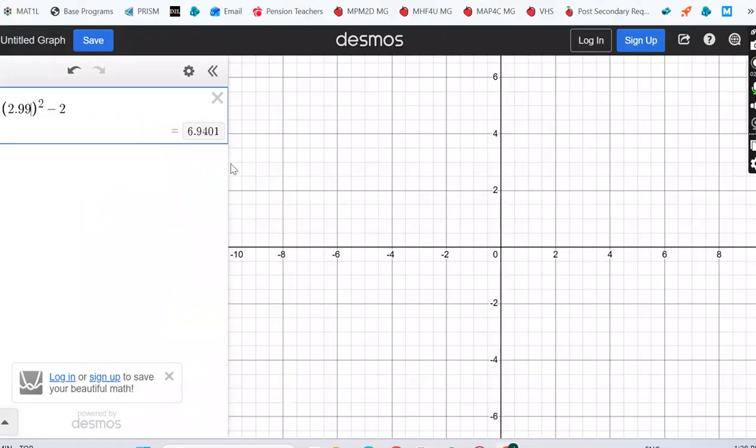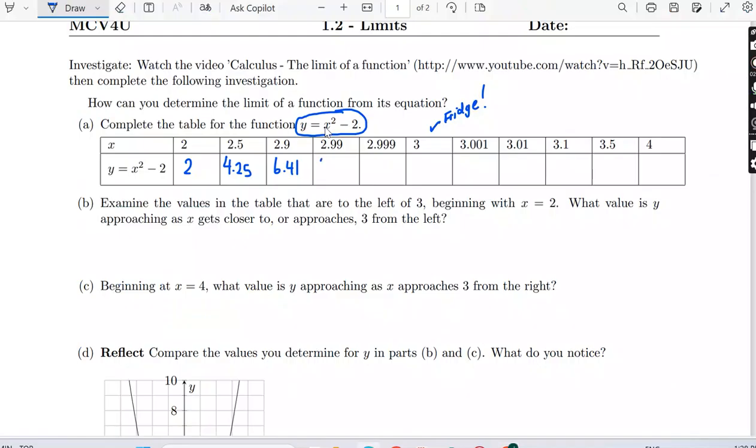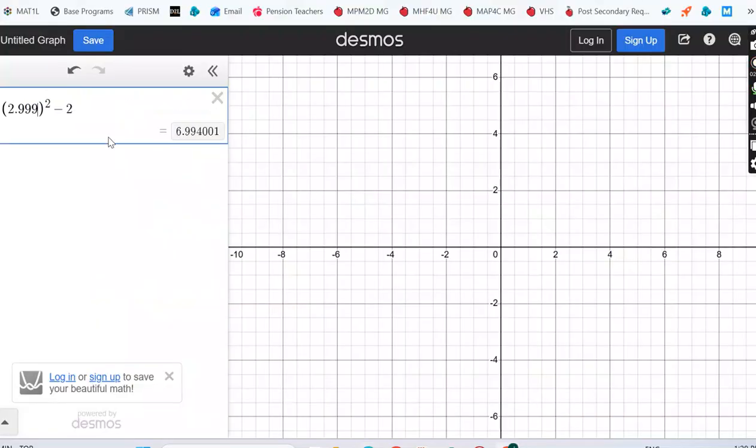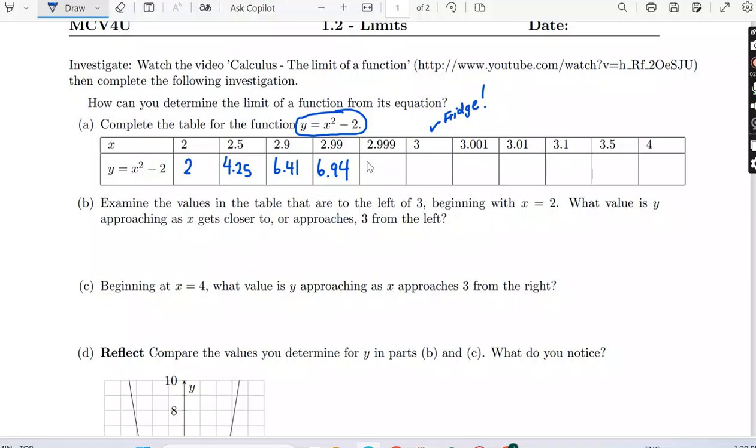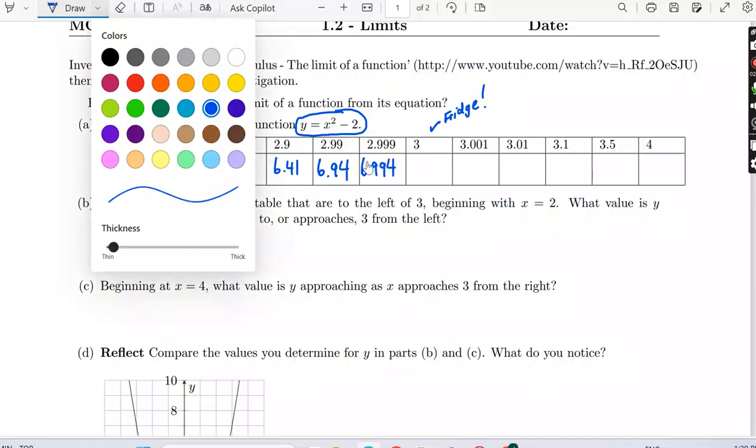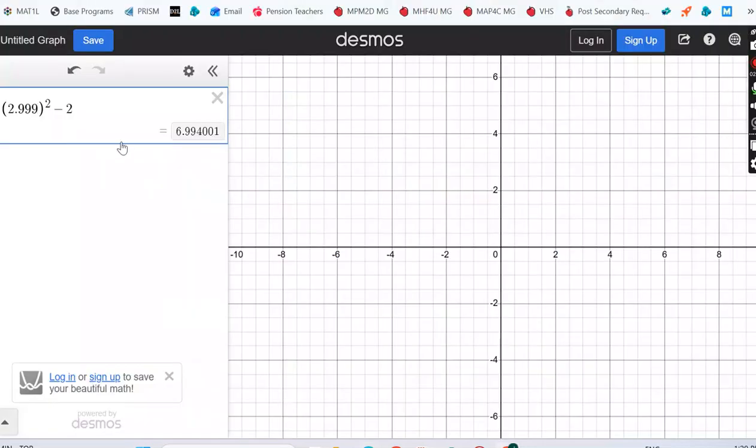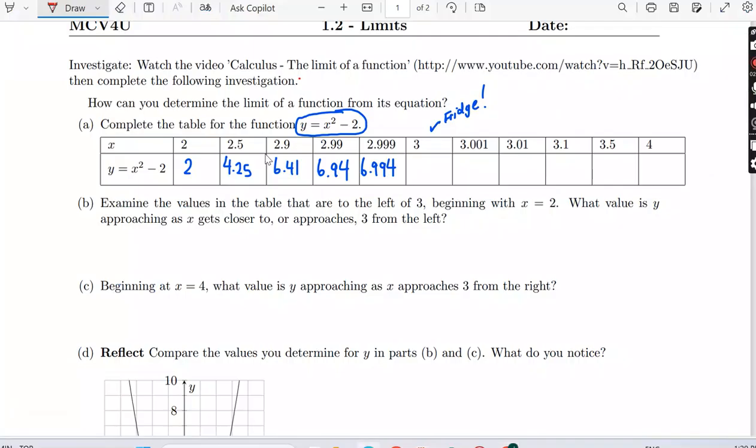Replace it with 2.99 and I get 6.94. And what about 2.999? 6.994. Okay, and then what happens if it's 3? So we've essentially reached our fridge. We get 7. Okay? So that's approaching it from the left side.